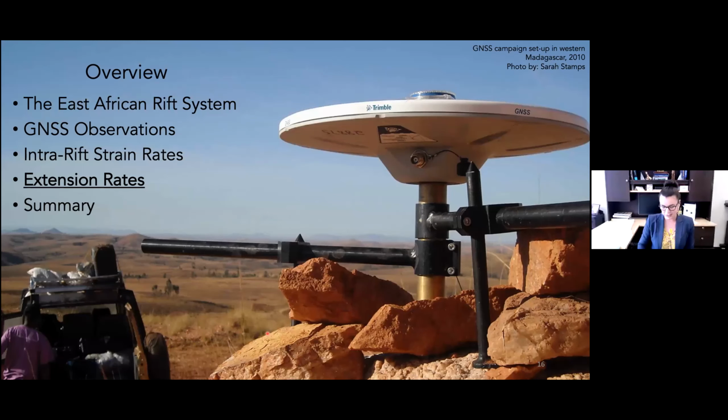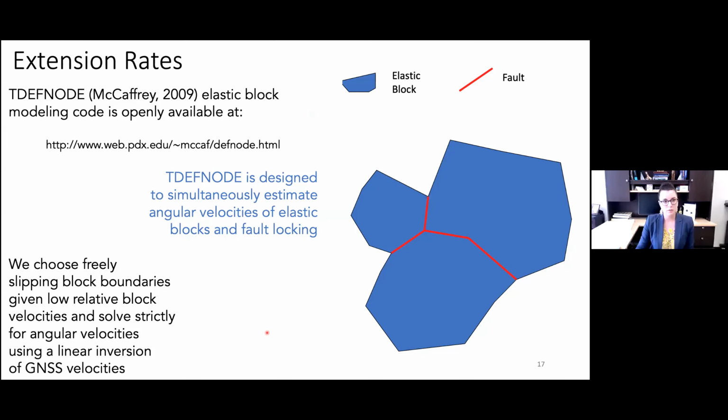Perfect, thank you. So now I'll move into extension rates. For the extension rates, we've used the approach of McCaffrey 2009, which is TDEFnode. This one is openly available, and I'm providing you the website here. So this is a completely different approach. This one assumes elastic blocks, and you define block regions and you bound them by pseudo faults.